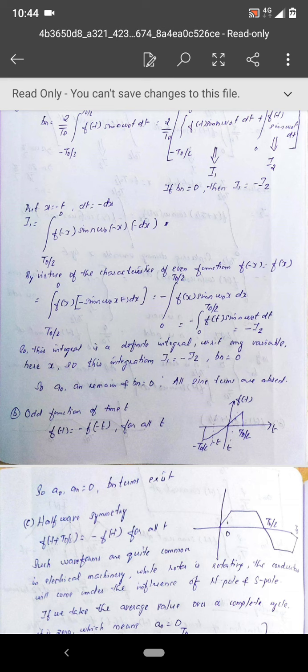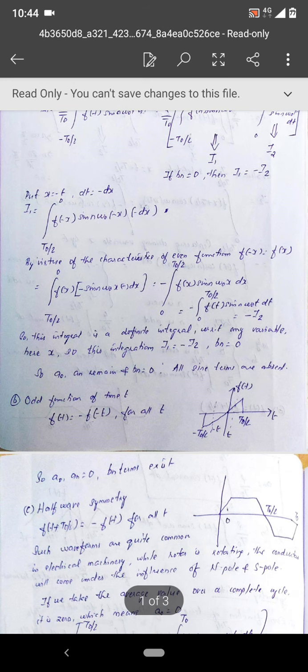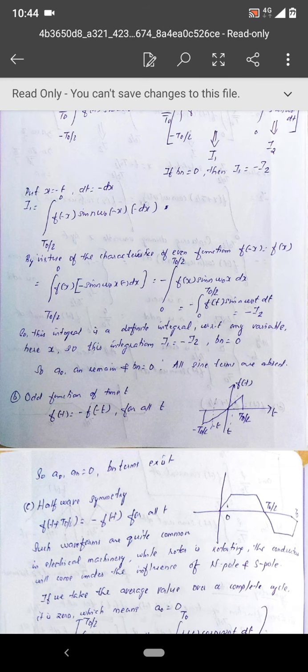There the variable was t, here the variable is x, so there is no problem in simply replacing the dummy variable x by t. So when I replace that, it is equal to minus the integration from 0 to T0 by 2 of f of t sine n omega naught t dt, which is equal to minus I2. So I1 is equal to minus I2.